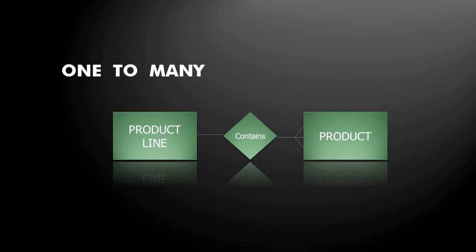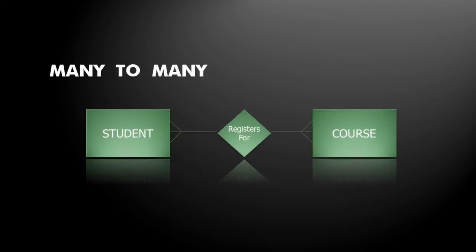And finally, the most complicated of the relationships is the many-to-many. You see the crow's feet on both sides of this relationship. And that says that one or more students registers for one or more classes. And likewise, one or more classes has one or more students.